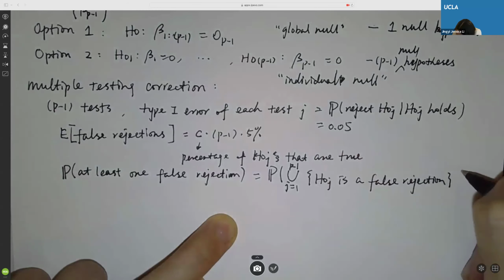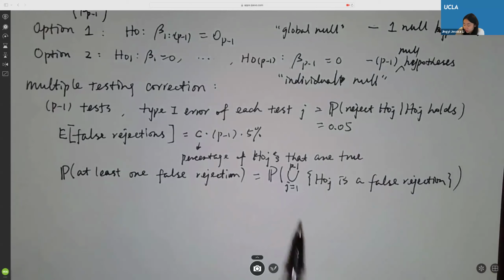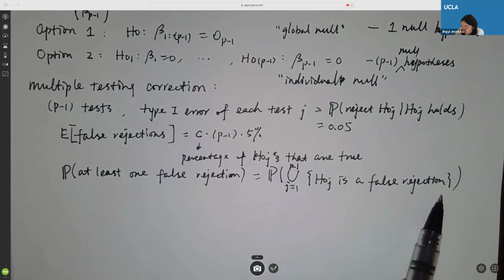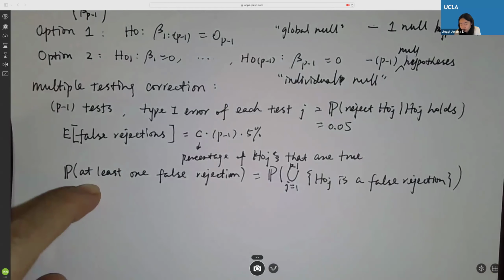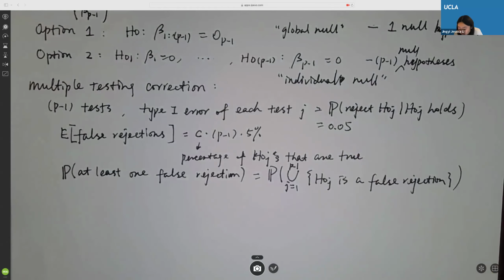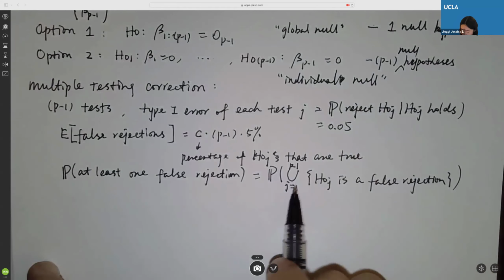We reject this null by mistake. So this union means as long as one of these p-1 events happens, then we have one false rejection.